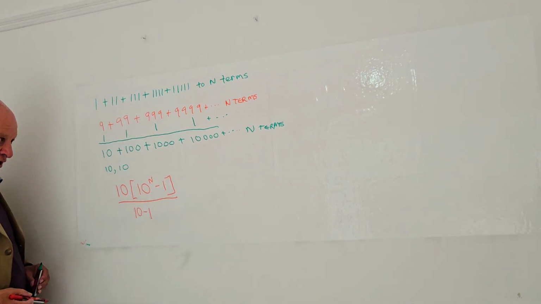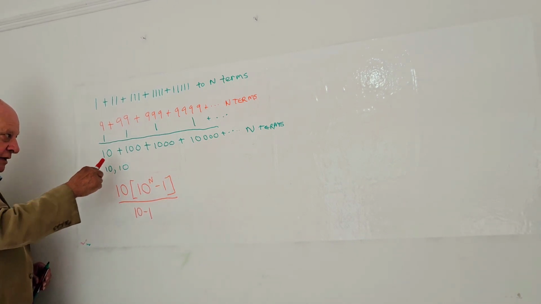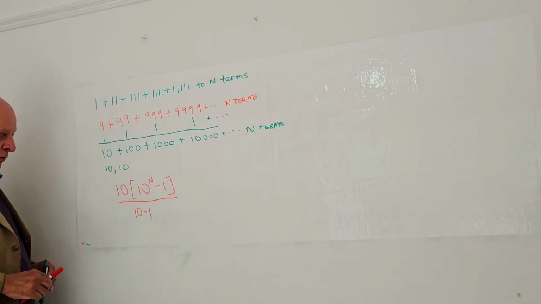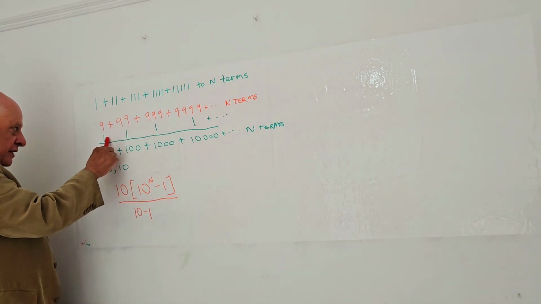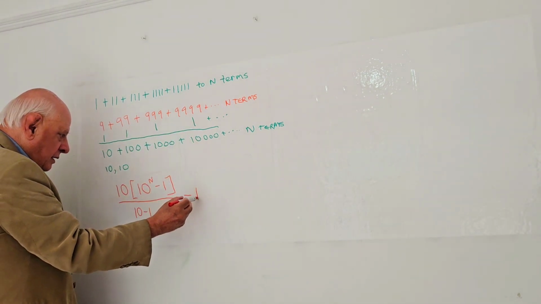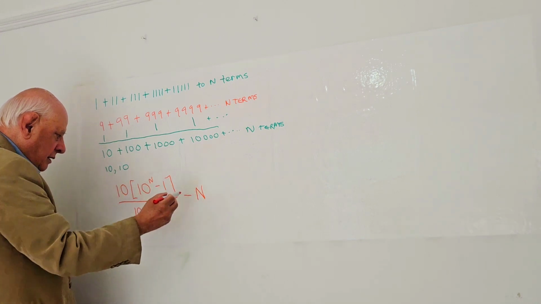And the bottom, of course, will just be 9. Now then, that is this particular series here. The one above it, the one with all the 9s, will be n less, because we added on 1 n times. So that will be minus n.